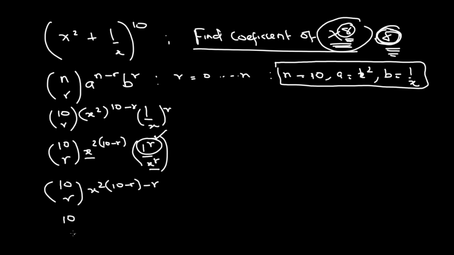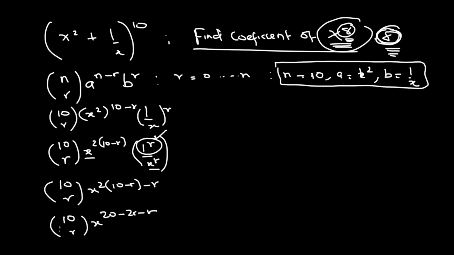Let's simplify this. So here we can say 10Cr, and then we continue to simplify. This will give us x. This and that will give us x^20. And then what about this? This will give us minus 2r, and then this will give us minus r.